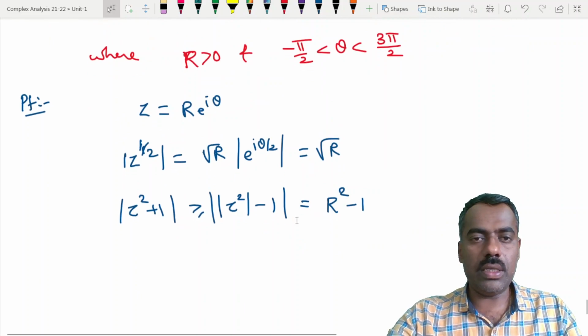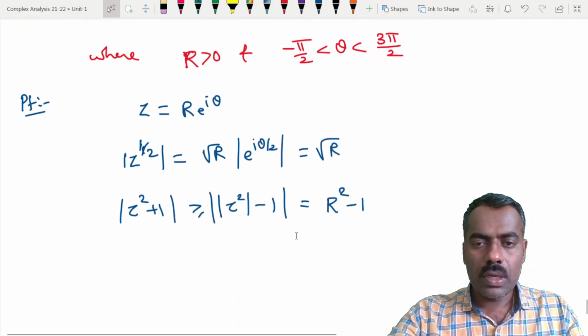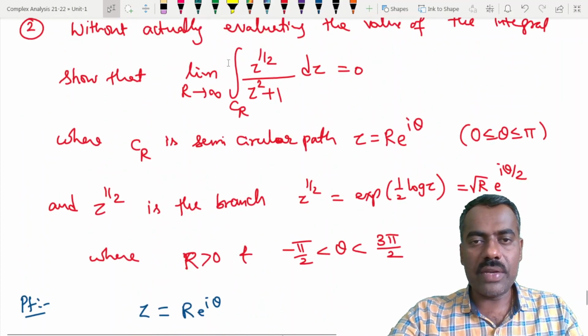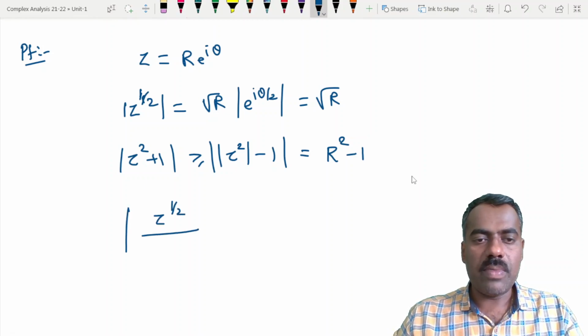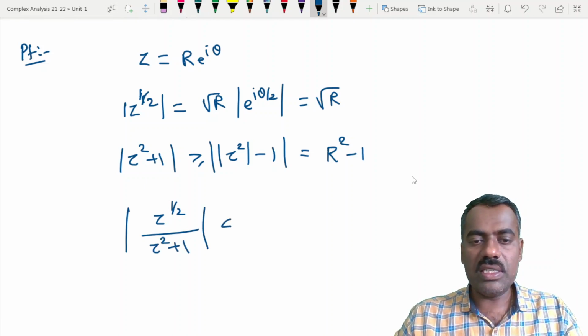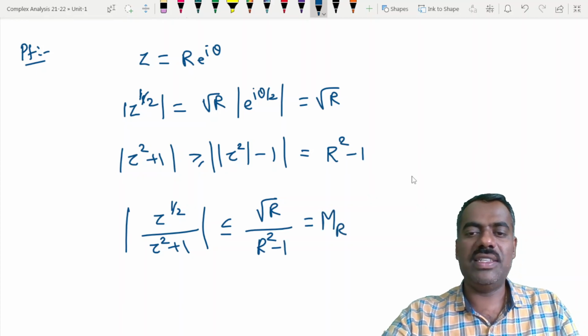Now if you call this f of z, then the modulus of f of z, that is z power 1/2 by z square plus 1, is less than or equal to root R upon R square minus 1. For convenience, call this M_R.